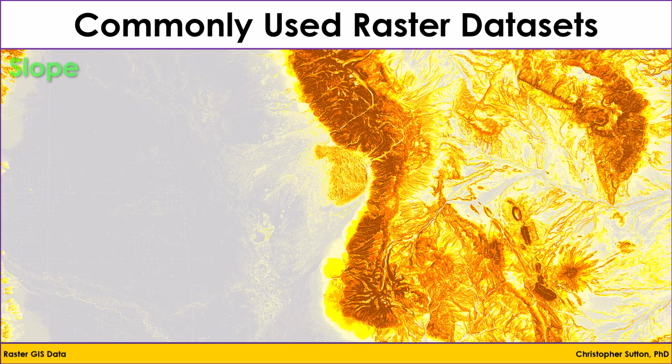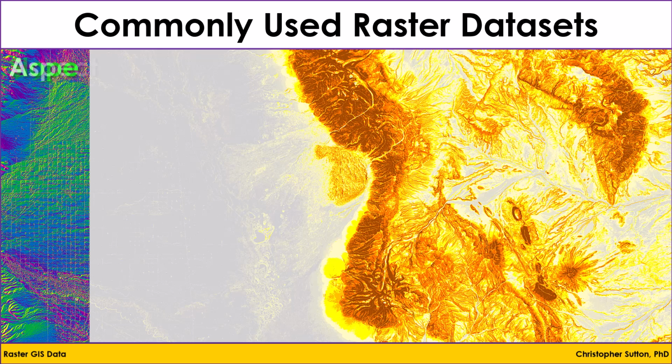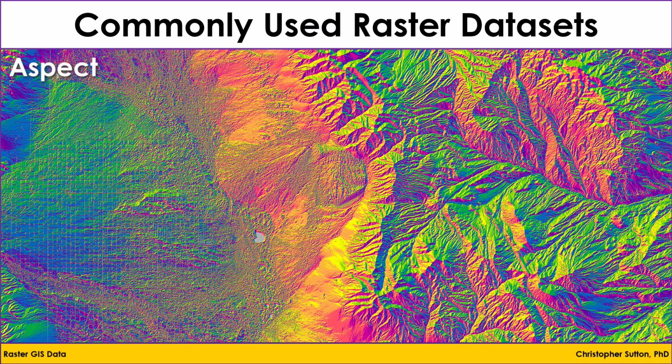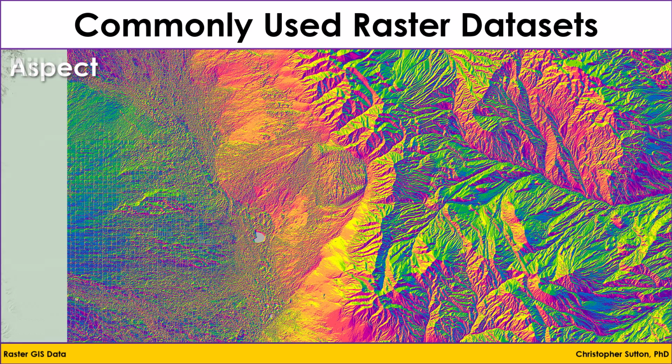They can include slope, which represents the steepness of terrain. Slope models can be used to identify areas prone to landslides and assessing suitability for agriculture. DEMs can be used to create aspect rasters, which indicate the direction that a slope faces. We use aspect rasters to analyze solar radiation, vegetation patterns, and assessing snowmelt patterns.